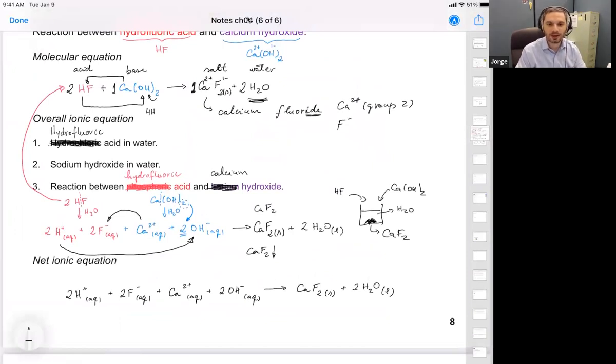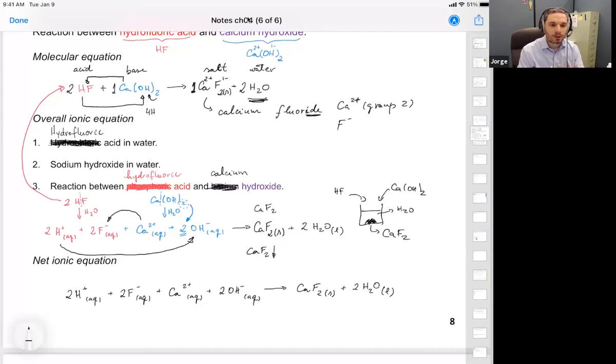Okay. Every time a solid is formed, we call that precipitate. Okay, so therefore, if you mix a solution of HF and calcium hydroxide, you are going to notice the formation of a solid. The identity of the solid is calcium fluoride, because this is an insoluble salt.